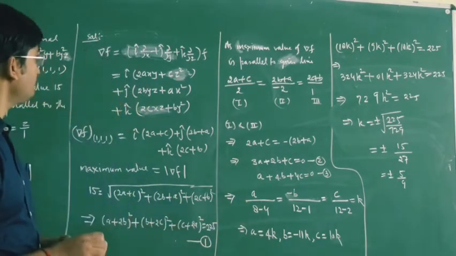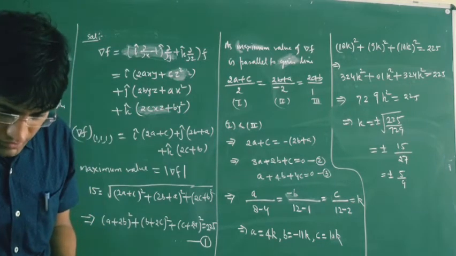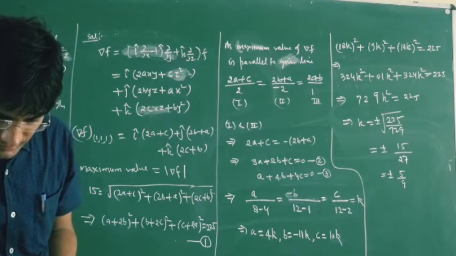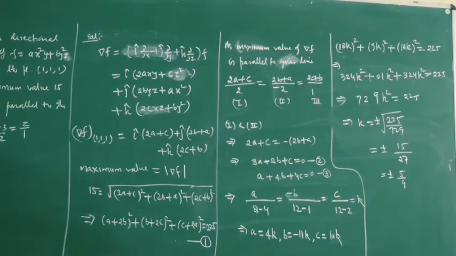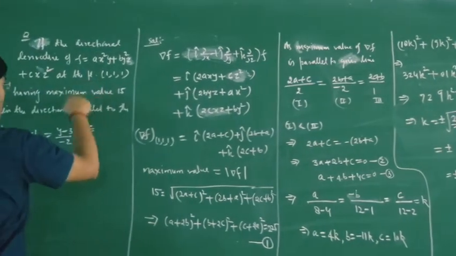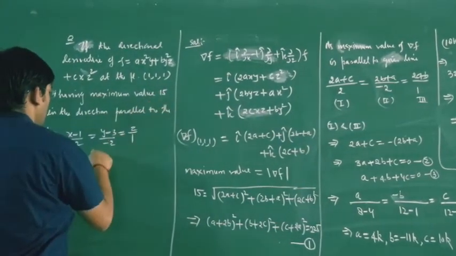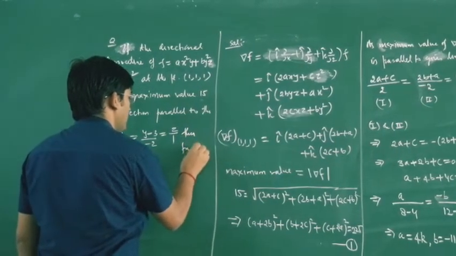Therefore, what is our question? We have to evaluate the values of a, b and c. This was the question: if the directional derivative of this has maximum value 15 in the direction parallel to this line, then find a, b, c.